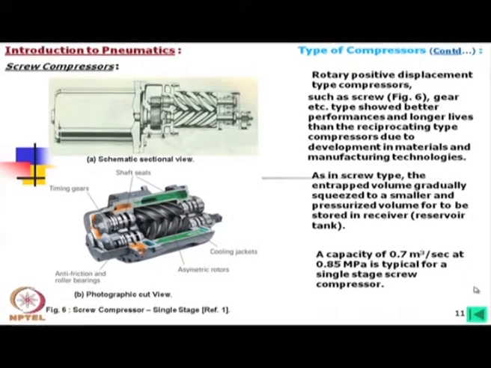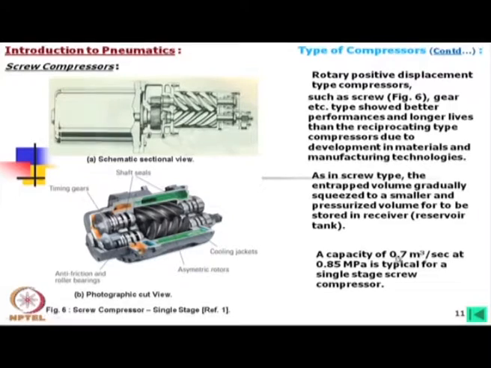Now, to assess the size of such a machine, 0.7 meter cube per second is the capacity, and 0.85 megapascal is typical for a single stage screw compressor. So, single stage screw compressor means the pressure is not very high, 0.85 megapascals and 0.7 meter cube per second.